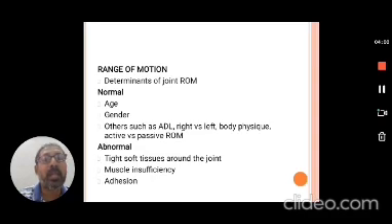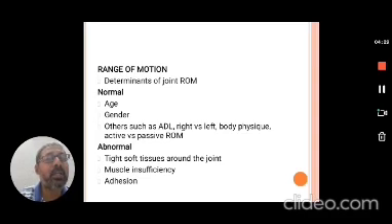The younger age will be more flexible than the older individuals who might not have that much flexibility in the range of motion. Similarly, females will have more flexible range of motion than the males, and certain activities of daily living will be associated with a more limited range of motion than others.